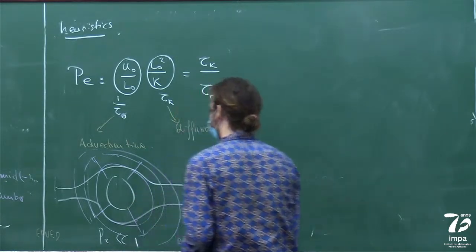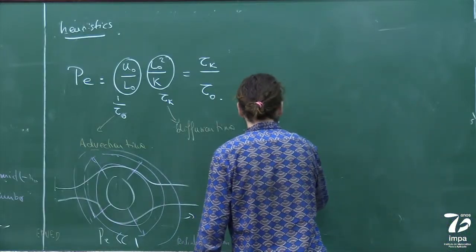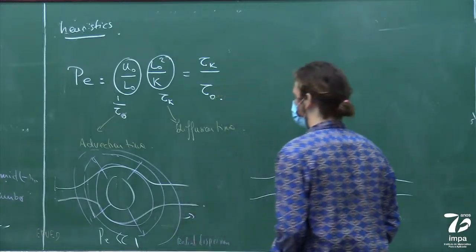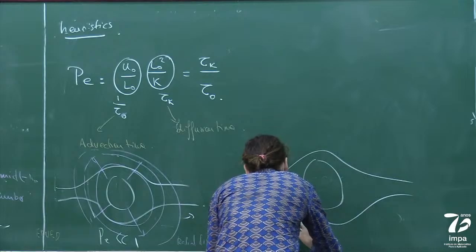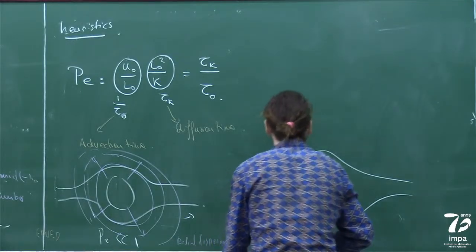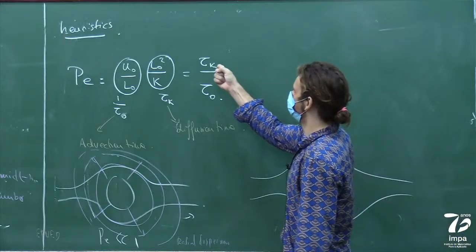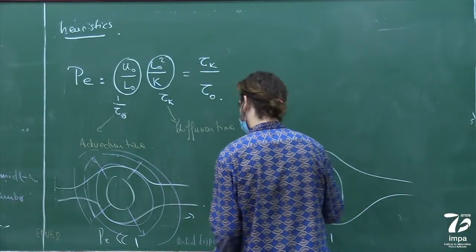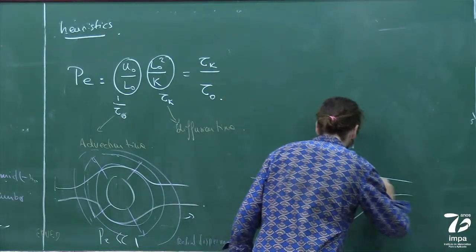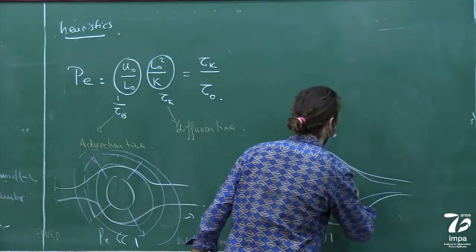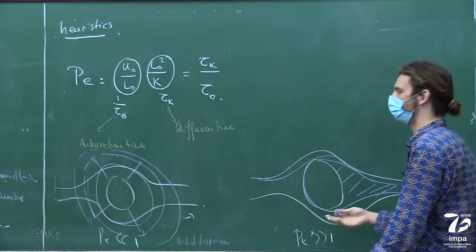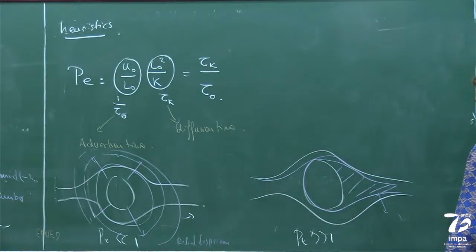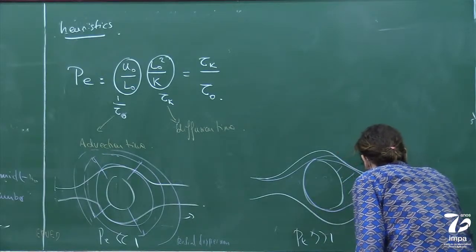And by contrast, if we take the opposite limit, if Peclet is greater than 1, then the diffusion time is very large. It takes a long time to diffuse. This means that the concentration will essentially be carried in the wake of the cylinder. So in that case there is no radial dispersion, and this means that there is no upstream motion.